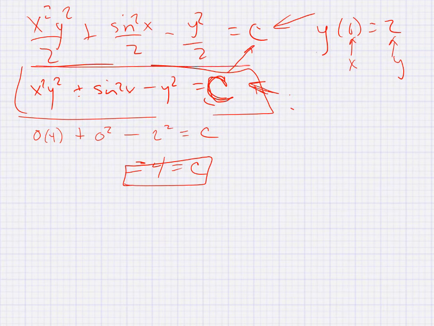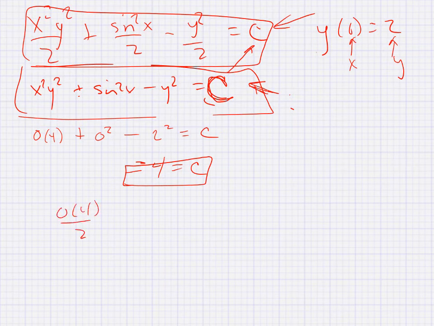As opposed to if I plugged it in here. Well, if I plug it in there, I'm going to get 0 times 4 over 2 plus 0 squared over 2 minus 4 over 2 equals c. And you see what you end up with is that c equals negative 2.